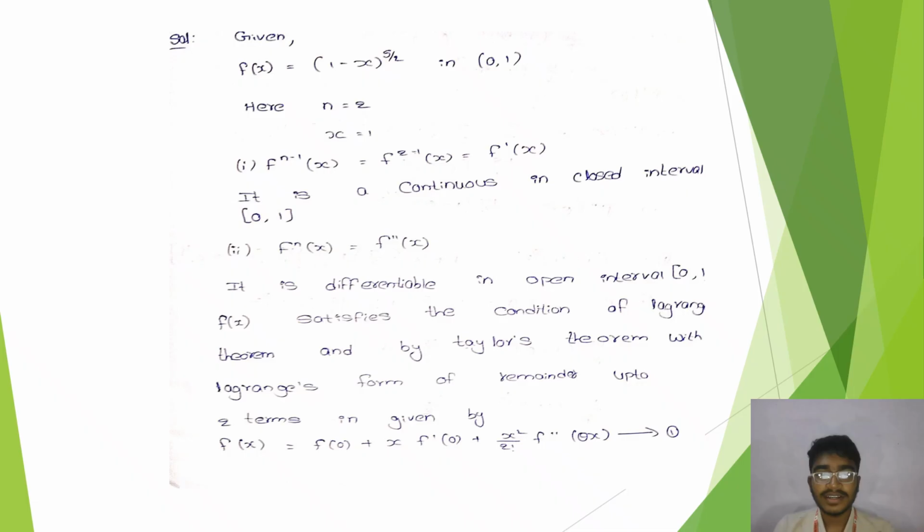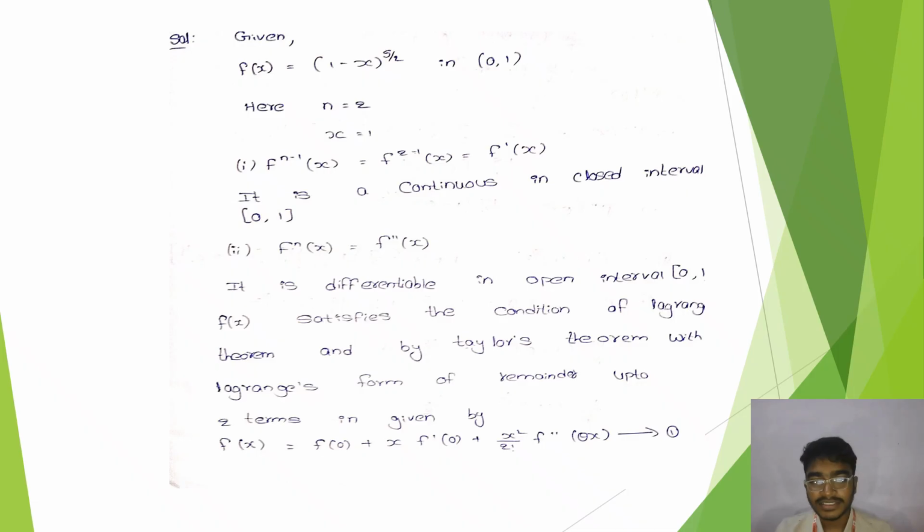From the first, f power n minus 1 of x, we know that n is equals to 2, so substitute n value 2 in the first one: f power 2 minus 1 of x is equals to f dash of x. It is continuous in the closed interval. And second, f power n of x is equals to f double dash of x.